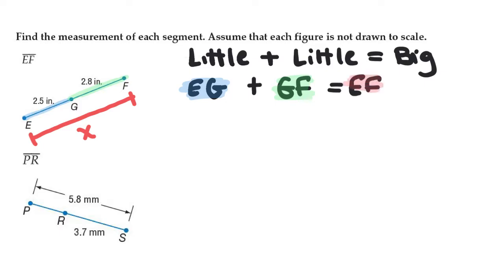Now, substituting the values that we have, we know that the length of the first little segment is 2.5. So I could say 2.5 plus the length of GF, which is 2.8, equals the length of the big segment, which is X. From here, you're just solving a problem.